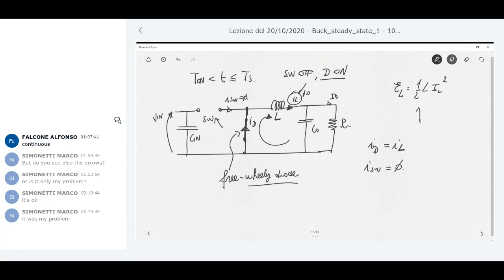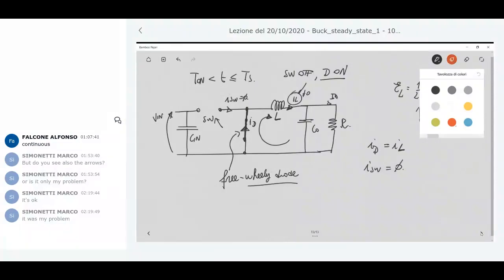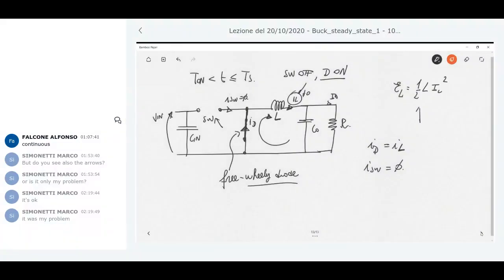The output voltage is maintained at a constant value due to the fact that the output capacitor and the inductance, so the filter, accumulated the energy in the previous phase to maintain the output voltage constant during the T-off phase. And so the energy now is provided by the inductor and the capacitor to the circuit.